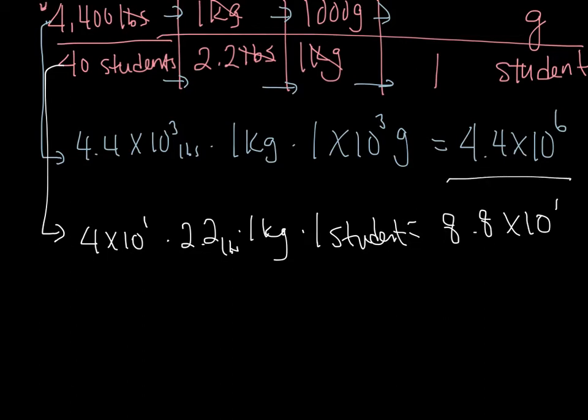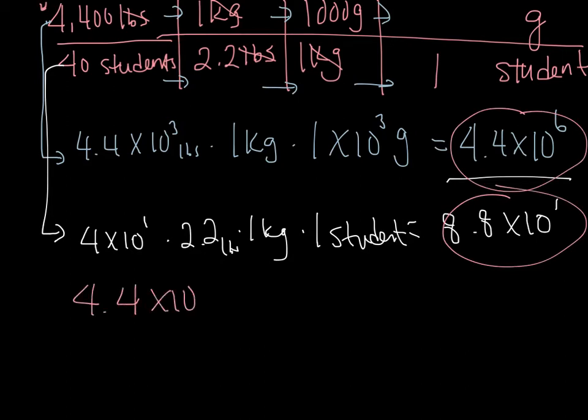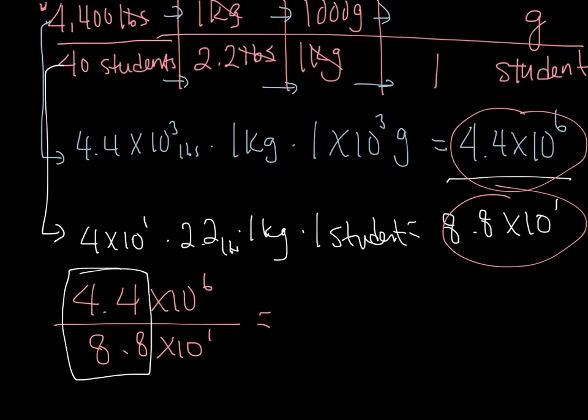Now I just have to divide the two. So divide this one by this one. When I do that, 4.4 times 10 to the 6th divided by 8.8 times 10 to the first, I automatically notice that 4.4 is half of 8.8, right? A half.